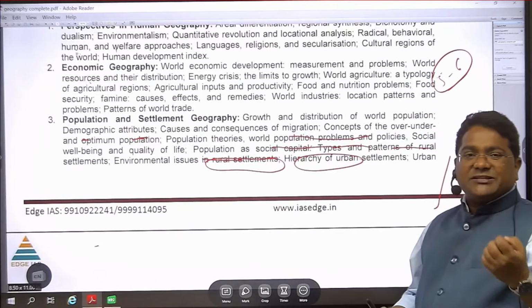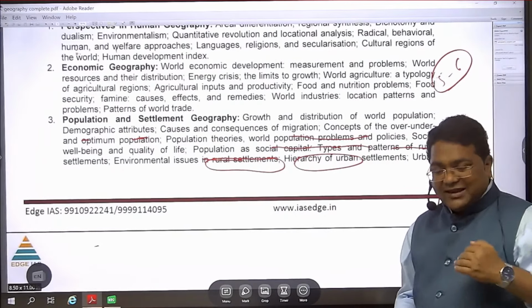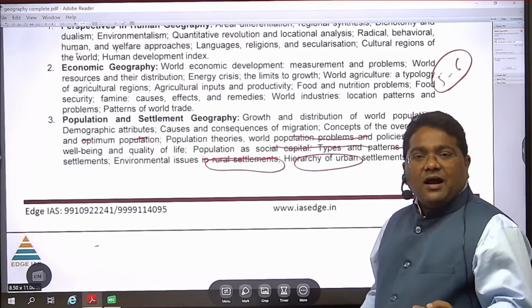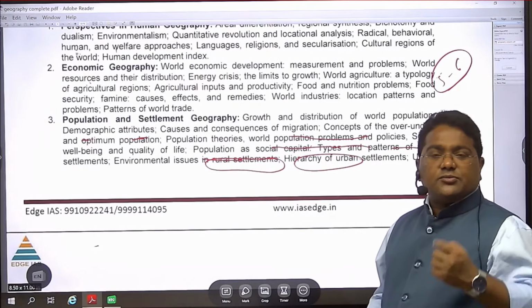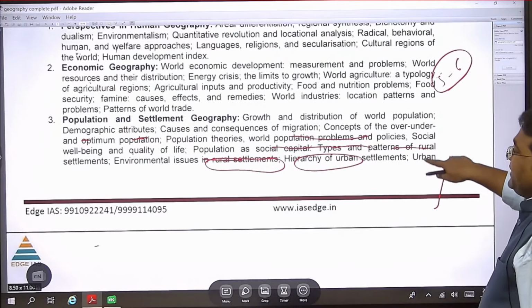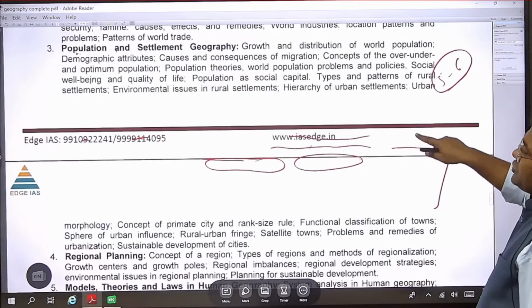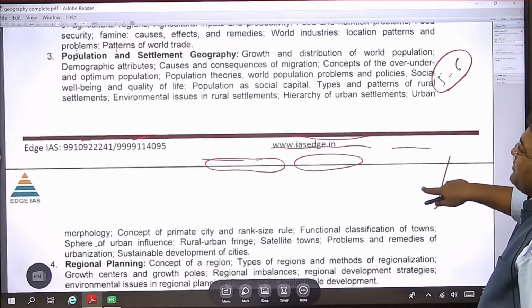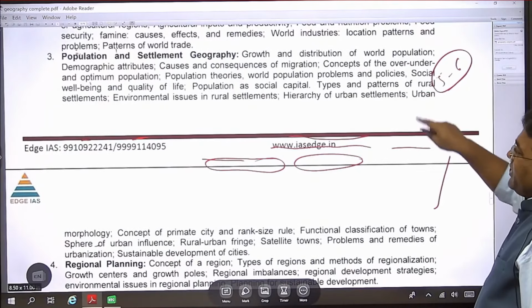So what kind of settlements are present? Either horizontal or vertical, or star shape, rectangular shape, square shape, triangle shape. These kinds of points you will write here, right? So this is all about population and settlement, and the GS plus optional part is present here.